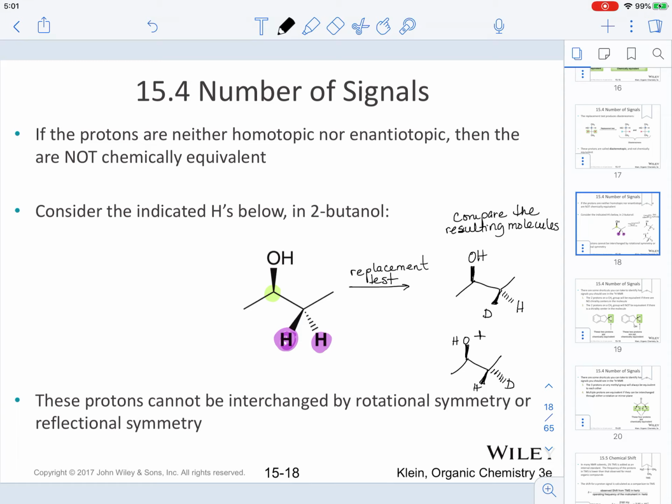The replacement test introduced a new chiral center that I'm highlighting in yellow.